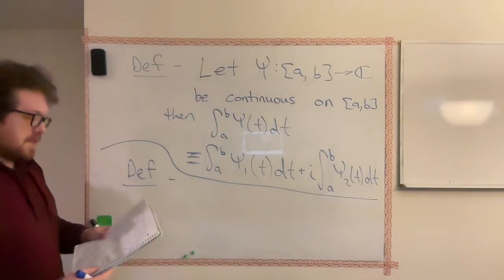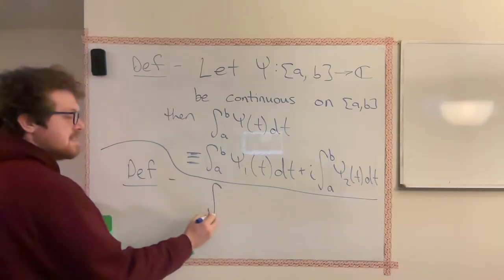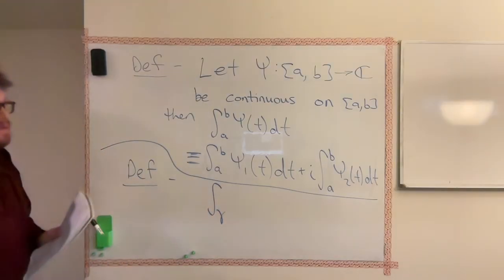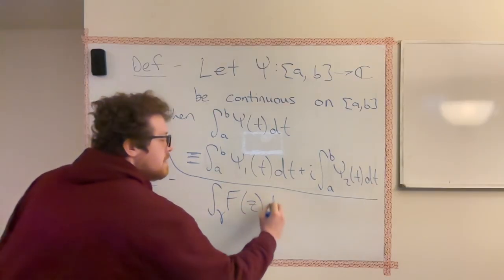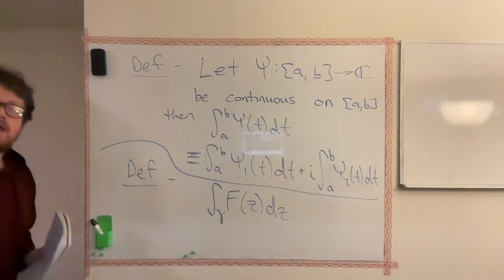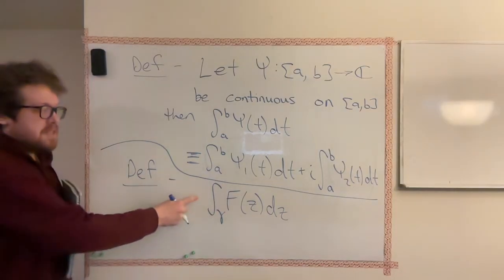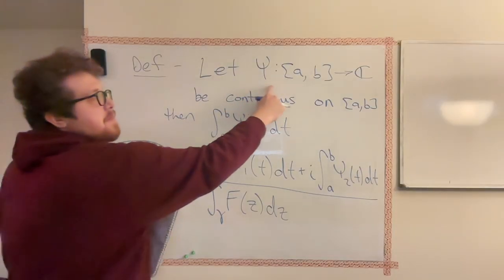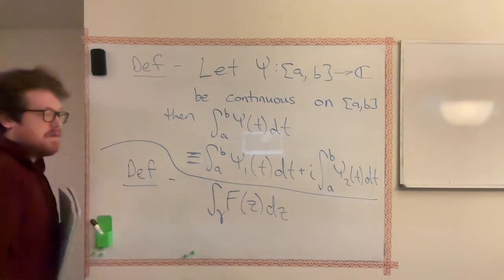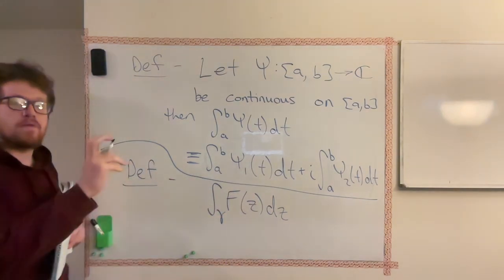Now we're defining what it means to take an integral over a path gamma of a complex function, which I'll write capital F of z, dz. The definition says if I want the integral over a path gamma, I just need to parameterize gamma by some curve, and then do a chain rule type trick.